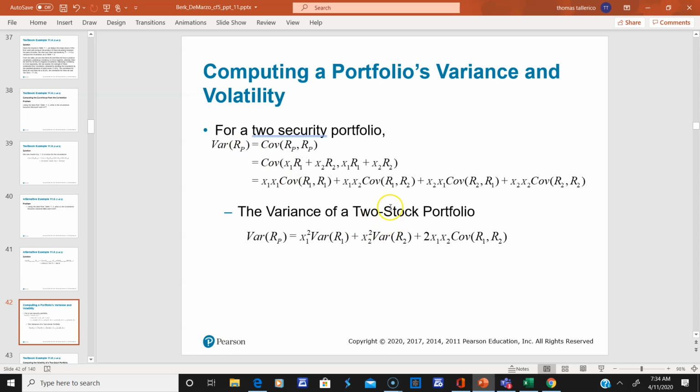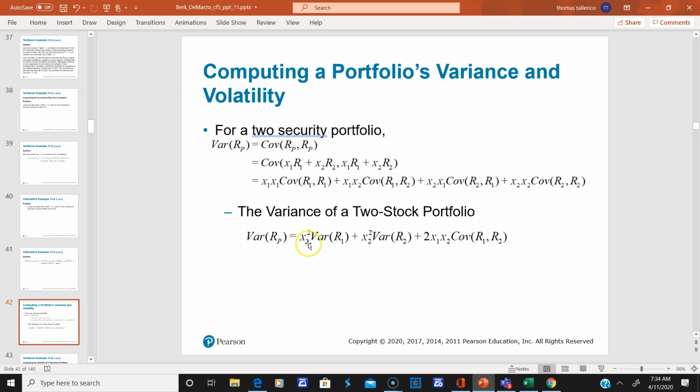So the variance of a 2-stock portfolio, after all is said and done, is x1 squared times the variance of R1, plus x2 squared times the variance of R2, plus 2 x1 x2 times the covariance of R1, R2.